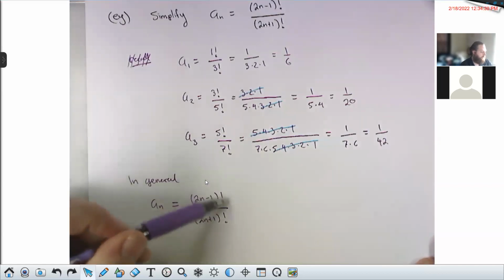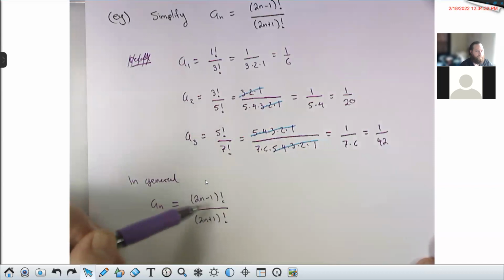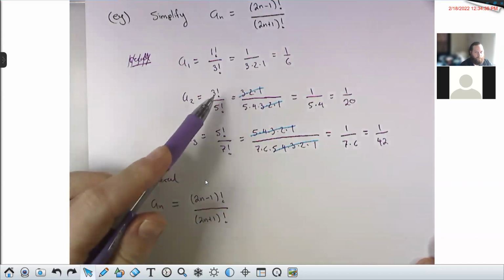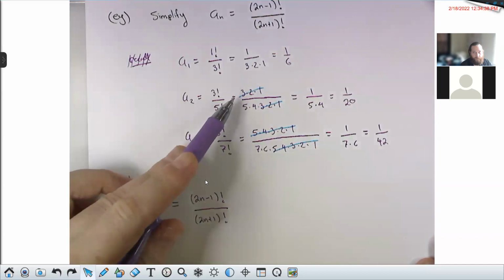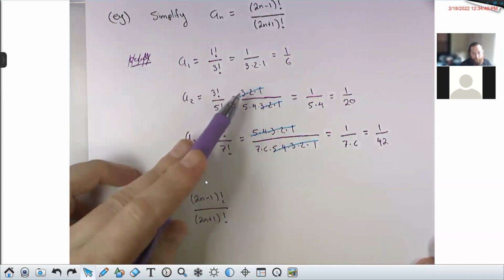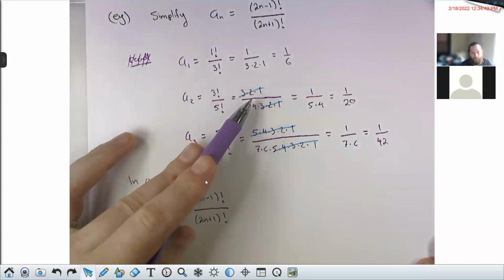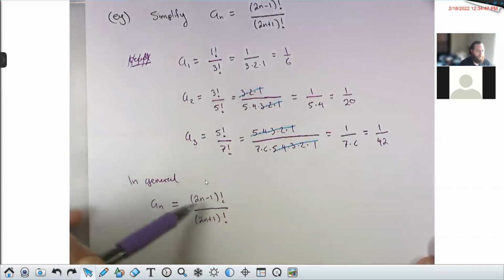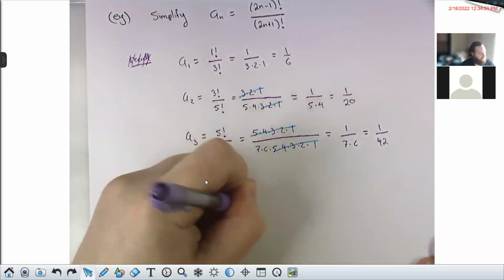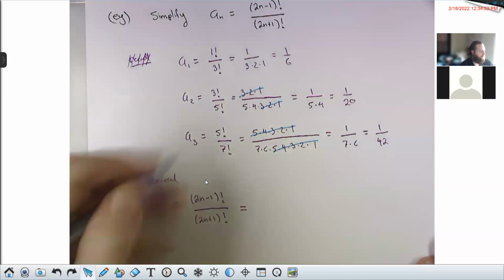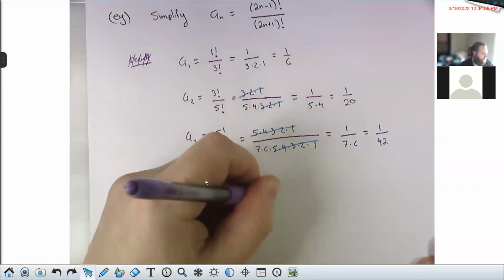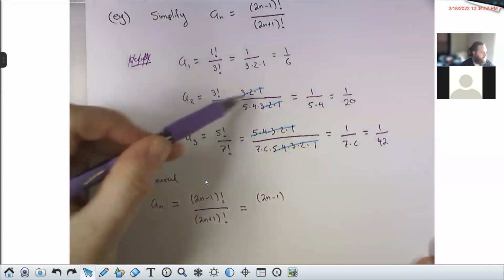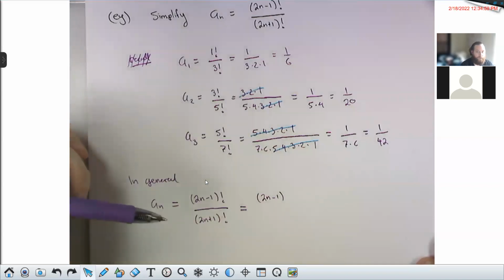When you take the factorial of something, like the factorial of 3, you start with that thing, and then multiply by the number right below it, multiply by the number right below that, multiply by all the numbers less than or equal to the thing until you get down to 1. So upstairs, 2n minus 1 factorial would start with 2n minus 1, just like 3 factorial starts with 3 and 5 factorial starts with 5.